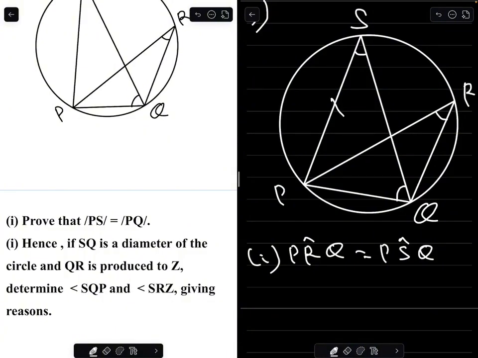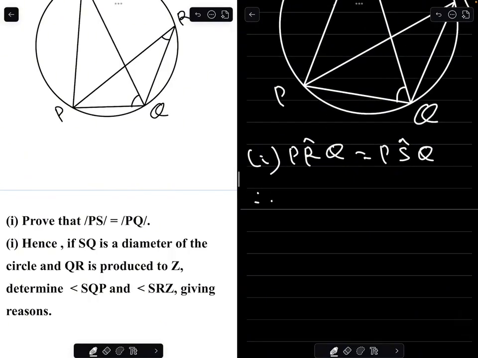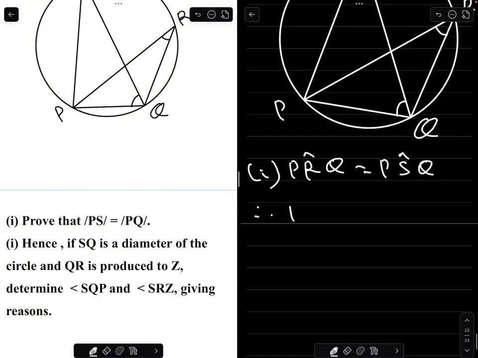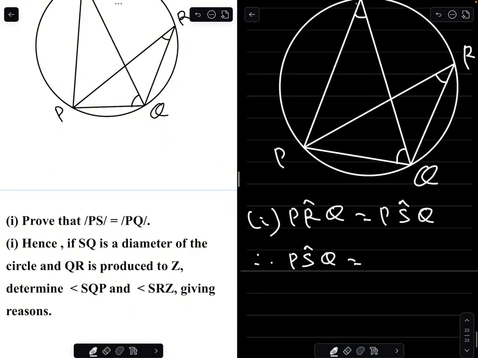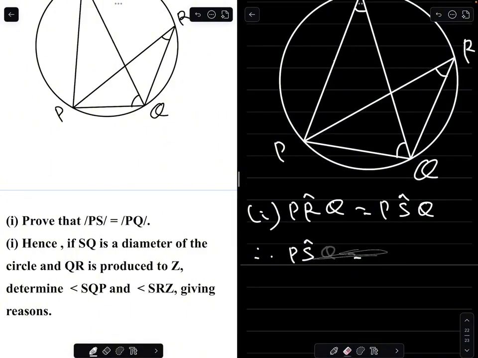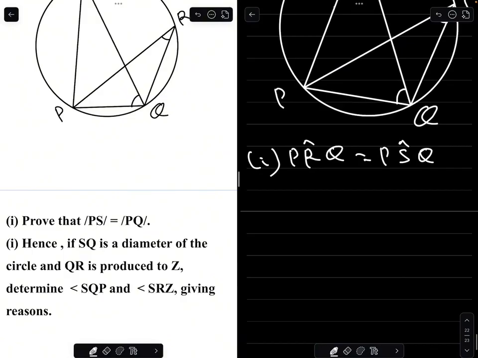And in this case, the equal sides will be PS and PQ. Let me write it this way. I think it will be clearer this way. We know that PRQ is equal to PQS.